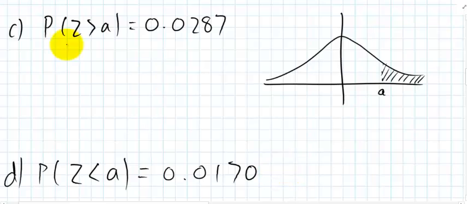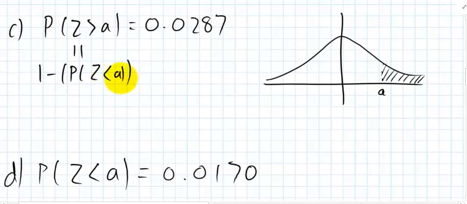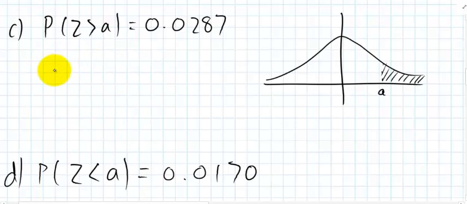Now we could, as before, say that this is equal to 1 minus the probability of Z less than A, and actually you can work out the area this way. But what I'm going to do instead this time is to say that the probability of Z less than A is equal to 1 minus the area of this.